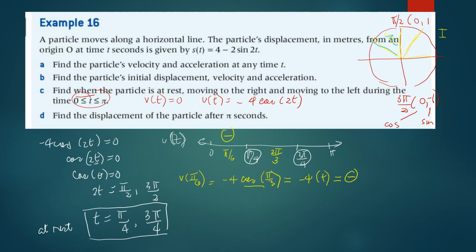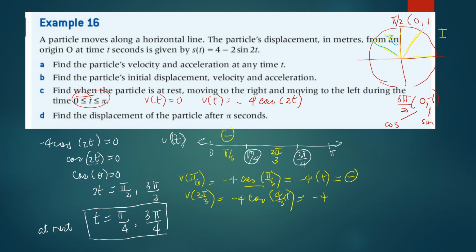Now let's continue. Where are we? The time is 2 pi over 3. So negative 4 cosine 2t. So 2 times 2 is 4/3 pi.